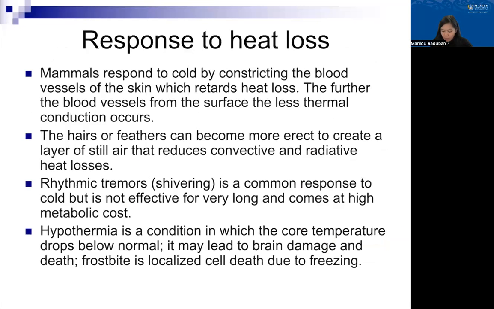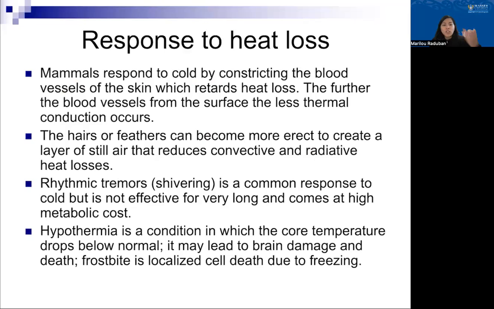Okay. So this slide just shows us some different mechanisms that mammals use in response to heat loss. So you can just read this slide. I'm not going to essentially read what's in here. I think they're pretty much self-explanatory, just explaining some mechanisms by which mammals respond to heat loss.